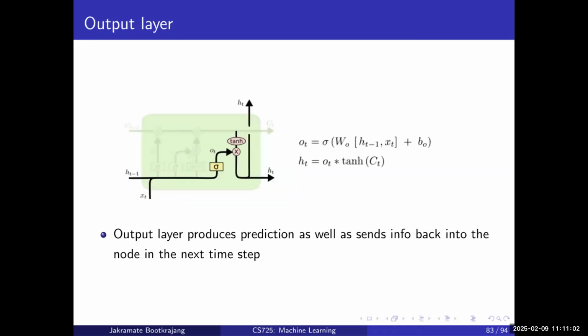And then the last one, we have the output layer. So the output layer is basically the weighted sum, right? You get the current data and the previous output, you combine them, and then you put it into your new output.